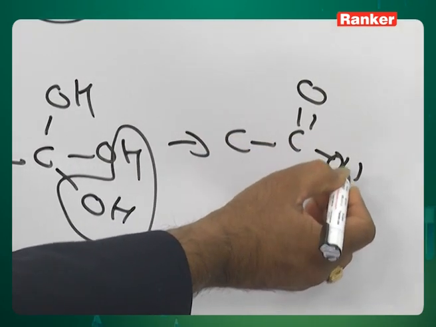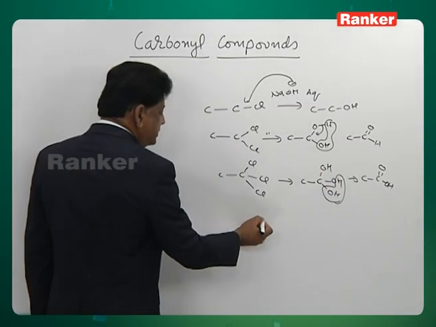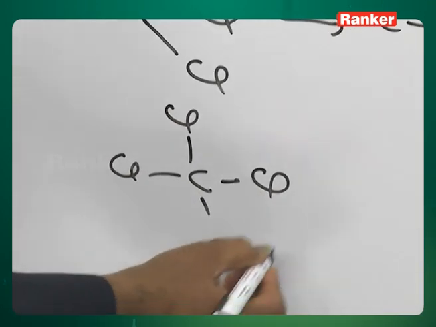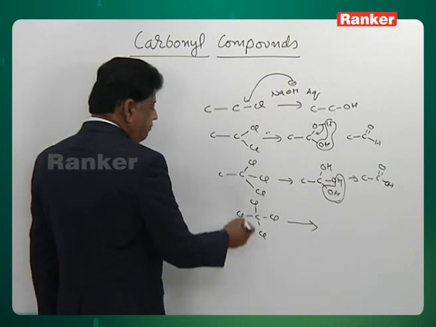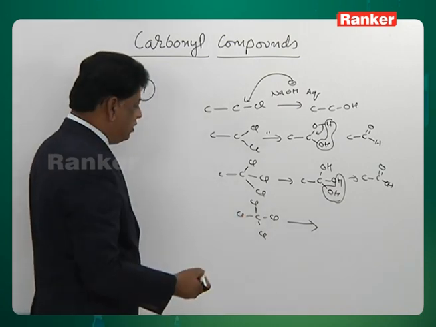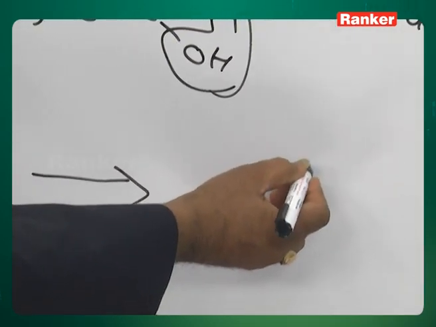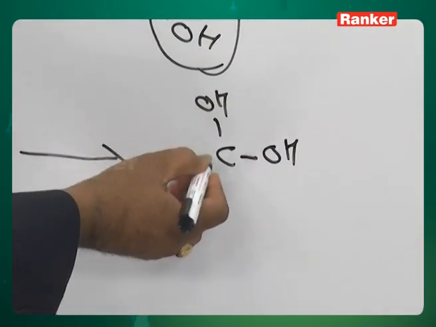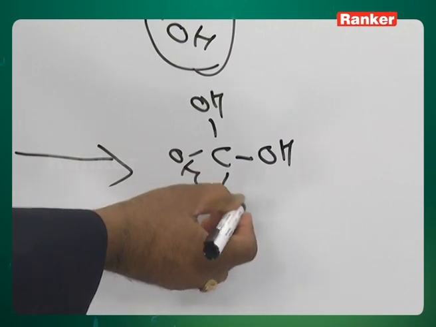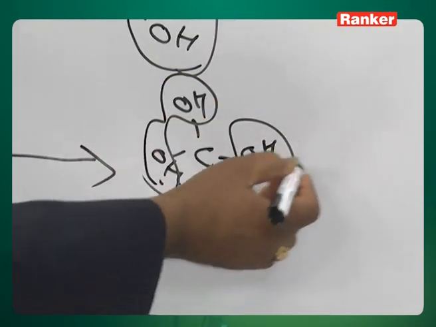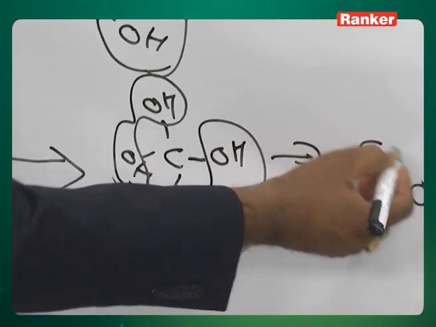And if a carbon possesses 4 chlorines, it also undergoes hydrolysis, which is slightly difficult to undergo actually, but even then it gives a compound containing 4 OHs, which on elimination of 2 moles of water, HOH, gives carbon dioxide.